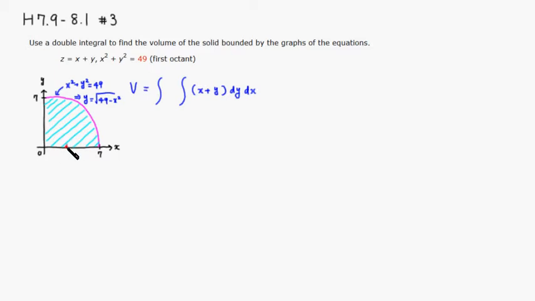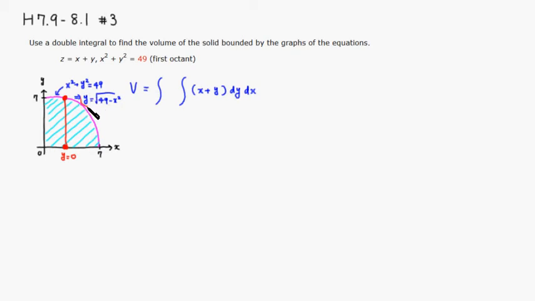Then we look at the line segment and we want to determine where this line segment starts and where it ends. Right here, the y value is 0 since it's right on the x-axis, right? Then here, this is right on the circle, which has an equation here.